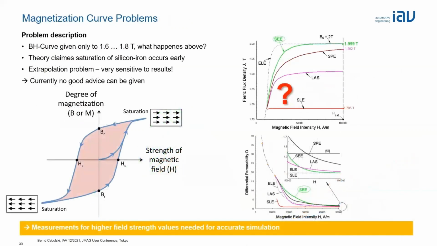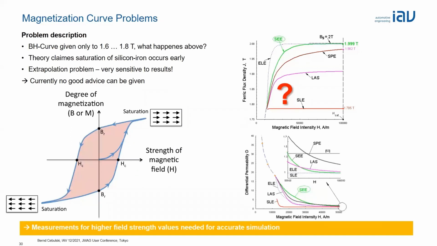Another problem is the magnetization curve itself. The BH data that you normally get from your manufacturer or from the JMAG database is somehow limited to 1.6 or 1.8 Tesla. But in real machines for electric vehicles, the magnetic induction can be higher than that. And the question is always what happens above.